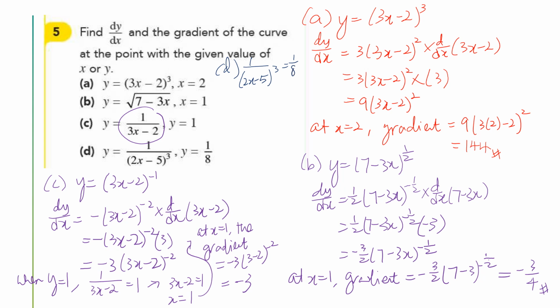If you cross multiply, we are saying (2x minus 5) to the power of 3 is equal to 8. So we need to cube root 8, which gives you 2. From there you will find 2x is equal to 7, x is equal to 3.5. We need to use that value to substitute into our dy/dx for part D. Okay, and I find that I'm running out of space.